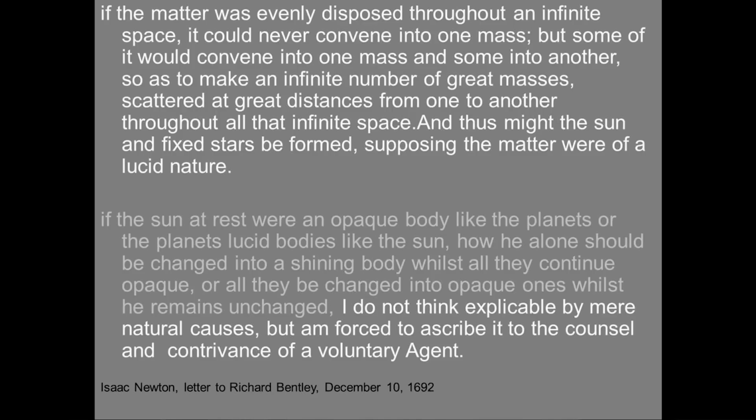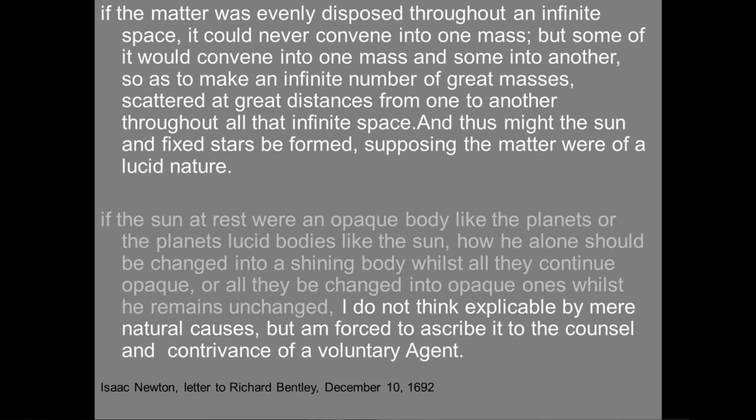Now, he then ran into a problem in the second part of this correspondence. I think a few weeks separated this. He said that, well, what about the planets? They're not shining, they're opaque. So if I have a theory that can explain why things make stars, why on earth would I make planets, relatively opaque objects?